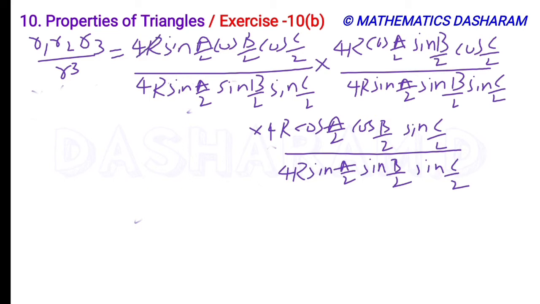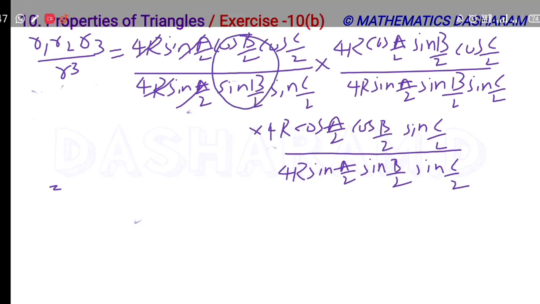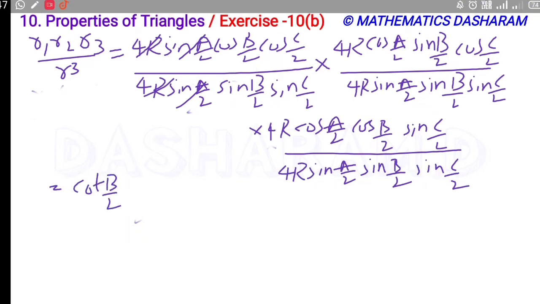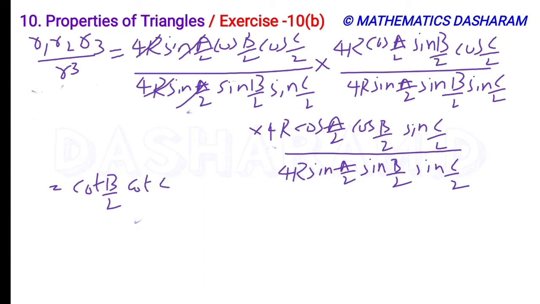So now 4R sin A by 2, sin A by 2 cancel. Then it equals cos B by 2 by sin B by 2 equals cot B by 2, cos C by 2 by sin C by 2 equals cot C by 2, into, here also 4R, yes, sin B by 2, sin B by 2 cancel.